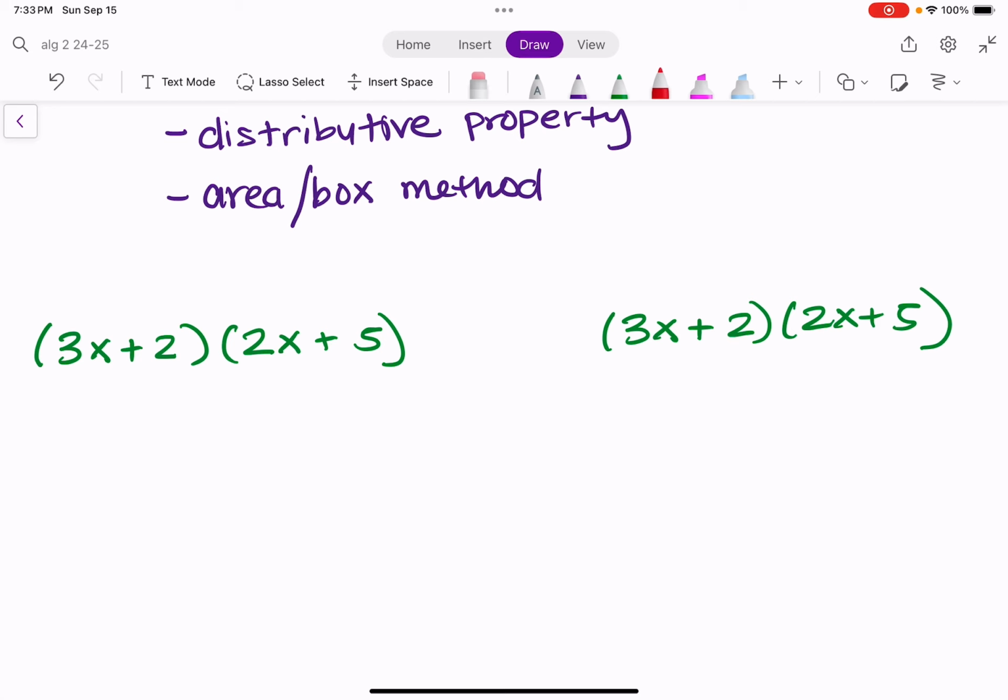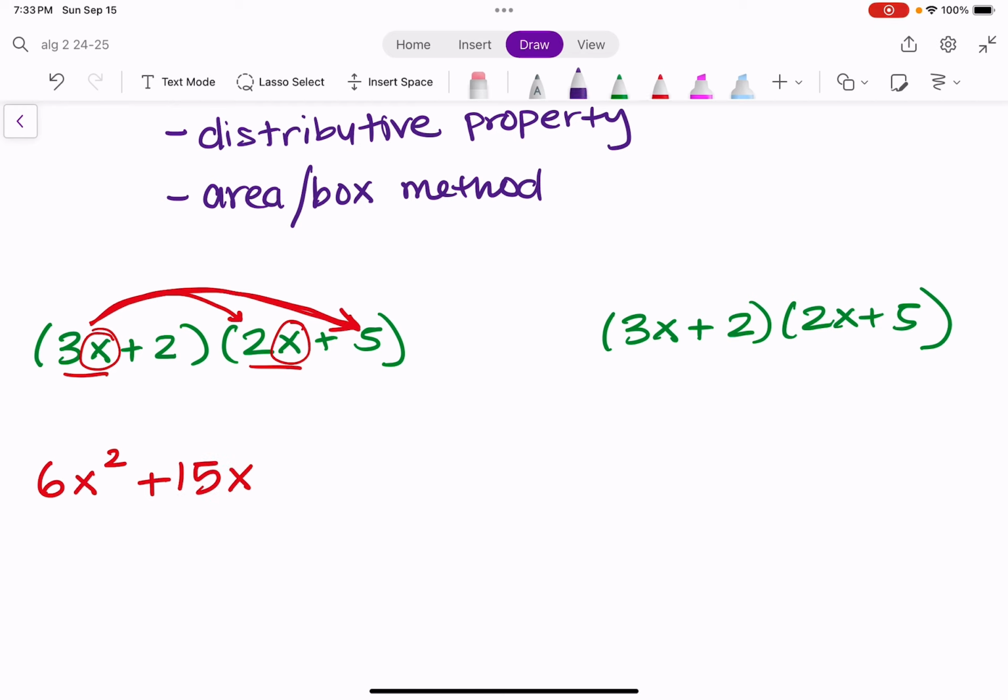If we want to use the first strategy, distributive property, we essentially take the first term and multiply it to both of the terms in the second parentheses. So 3x times 2x is 6x squared, because we have two x's. Now 3x times 5 gives me positive 15x.